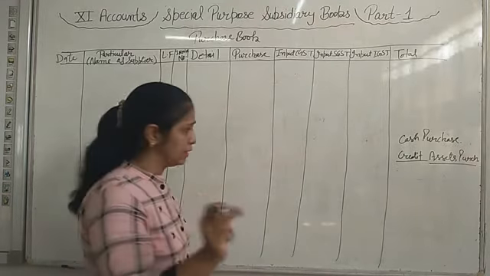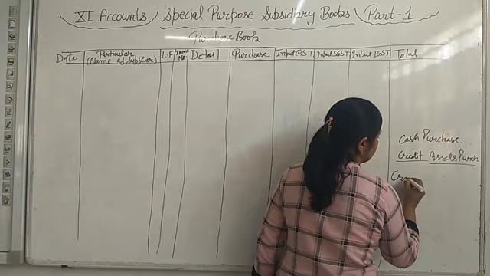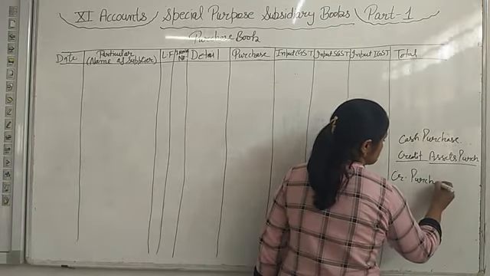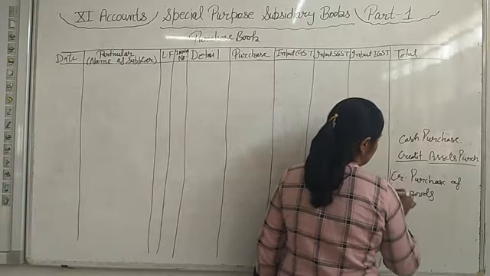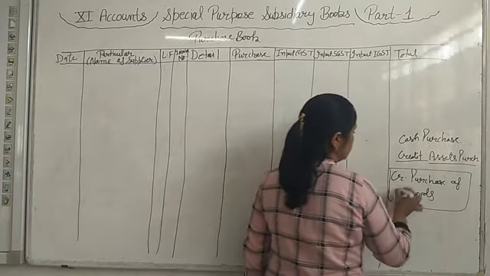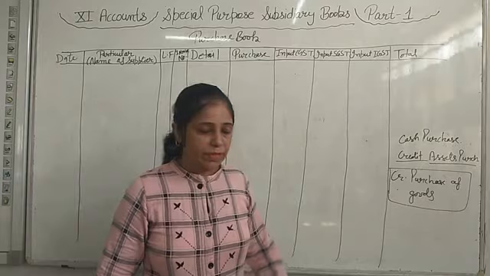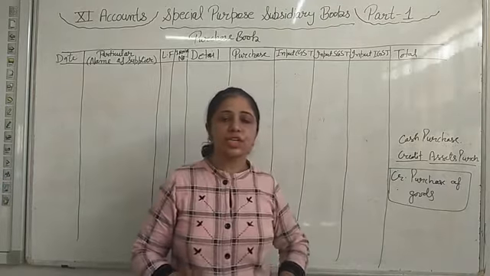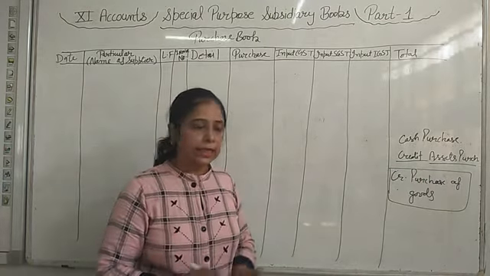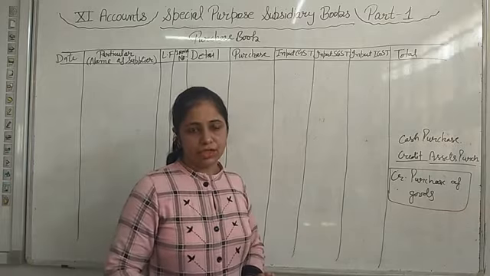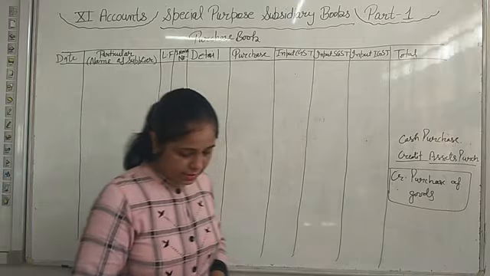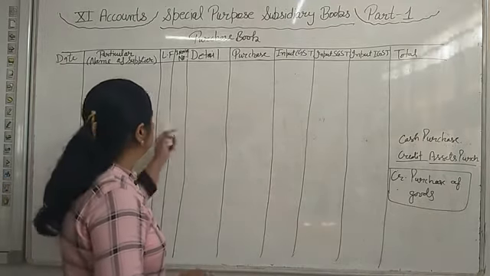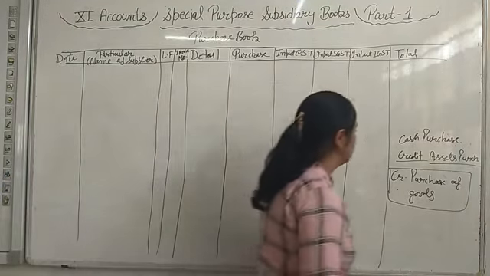Only one thing, credit purchase of goods, we will record in the purchase book. Besides this, if any other transaction is given in the question, then leave that transaction. Fine? Okay? So let's start how to prepare the purchase book.